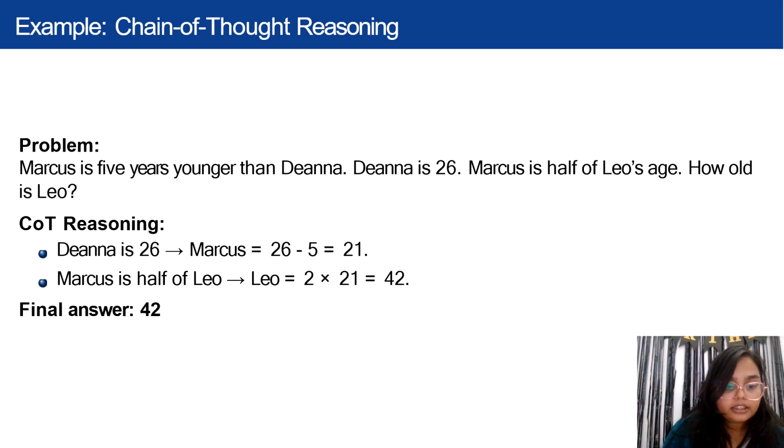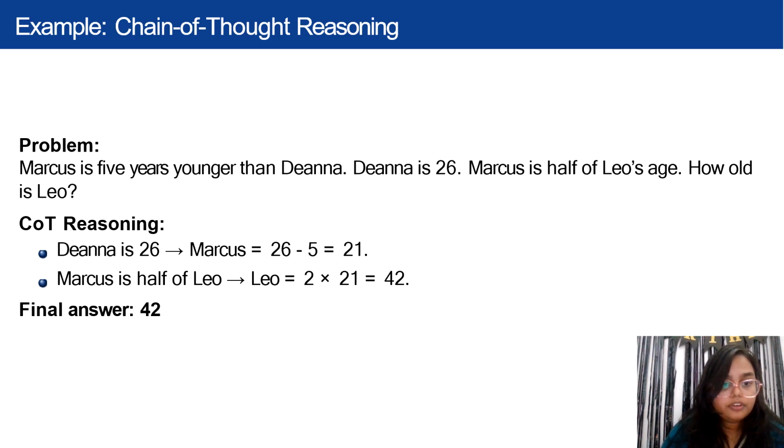Then Marcus is 5 years younger than Dina, so 26 minus 5 is 21, and Marcus is half the age of Leo. So Leo equals 2 times 21, that is 42. So these are the step by step processes which we follow in chain of thoughts. This entire block of text is the chain of thoughts.